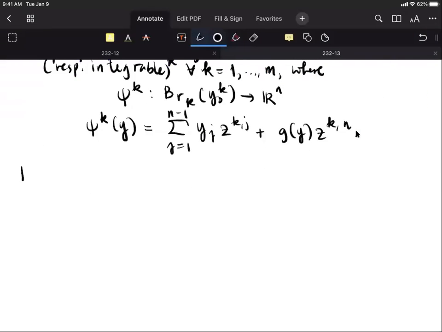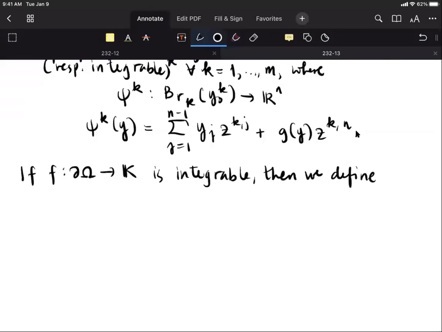So in the case where your function is integrable, then we define the boundary integral. The notation would be as follows.